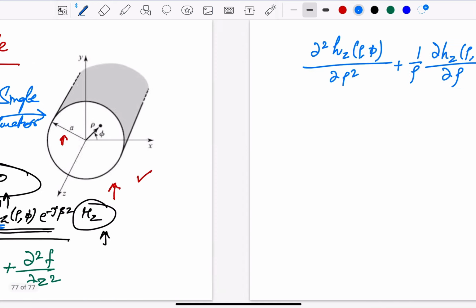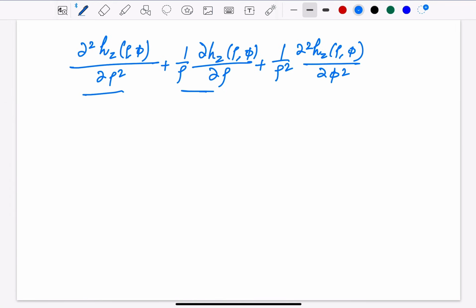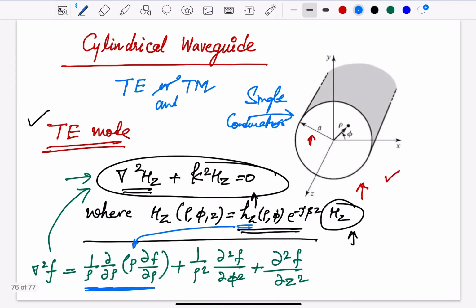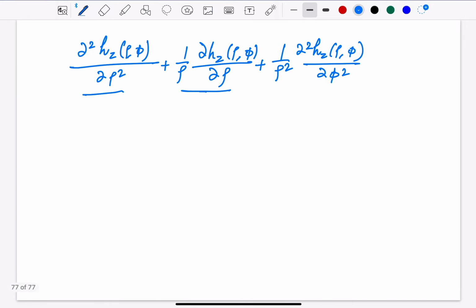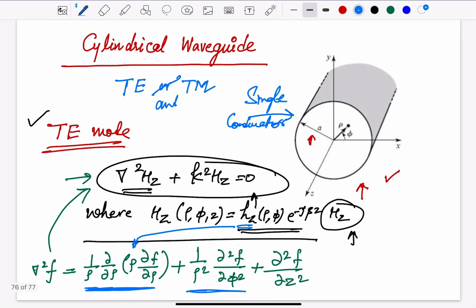The expansion of this is written like this, the first two terms. The second term you see here, which is 1 upon rho square dou square f over dou phi square, is written as it is; we just replace f with hz. Now the last term is dou square f over dou z square.